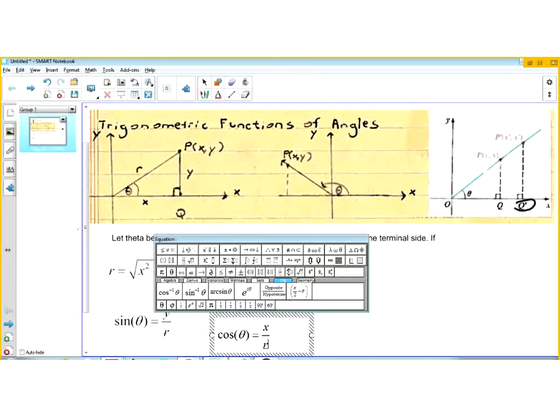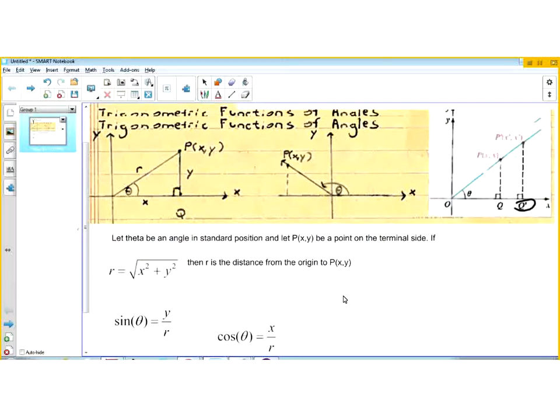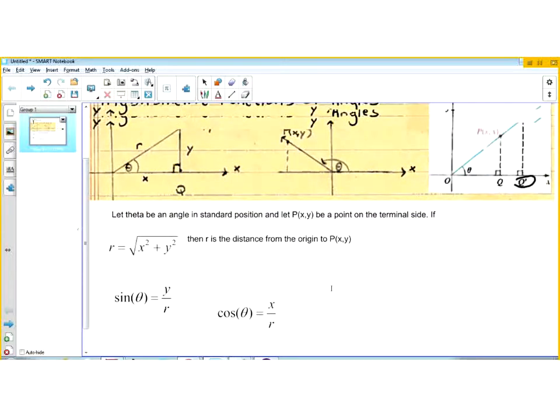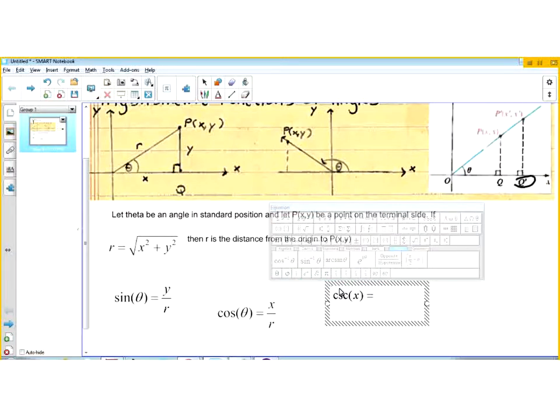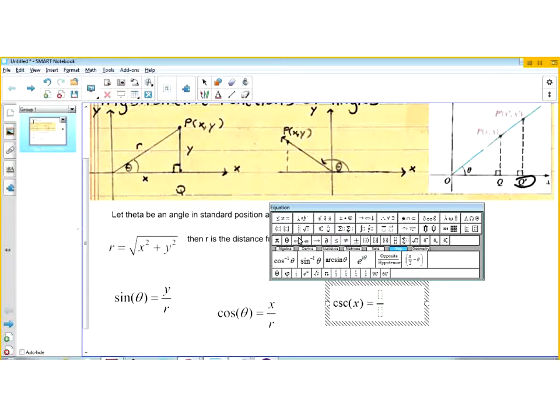Then we'll have the cosecant of theta. Cosecant of theta is just 1 over the sine of theta, which of course is equal to r over y, where y is not 0.